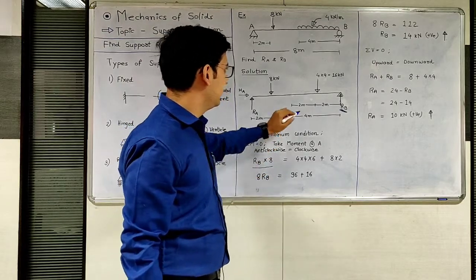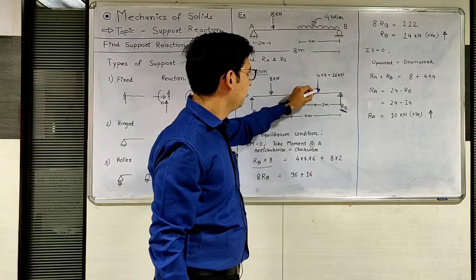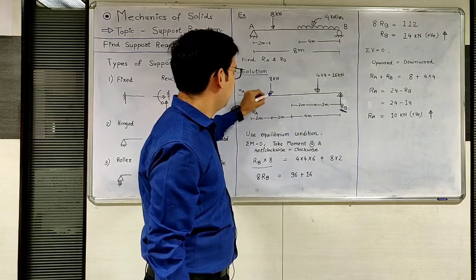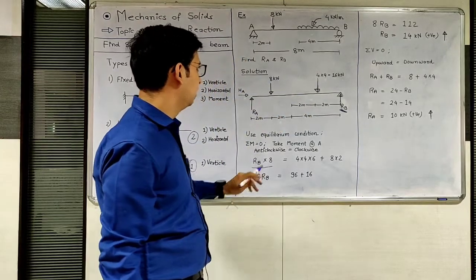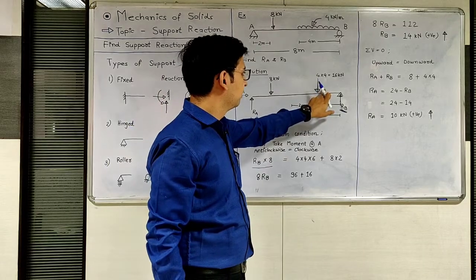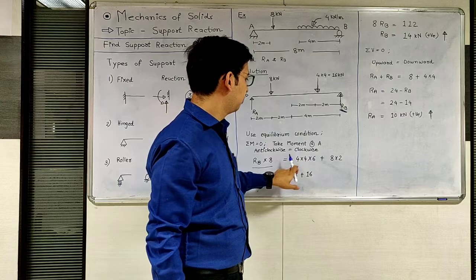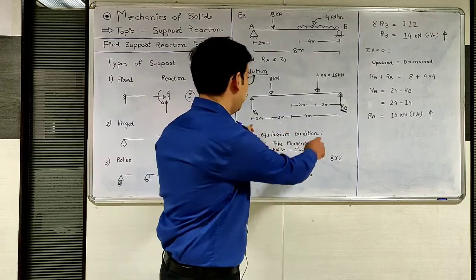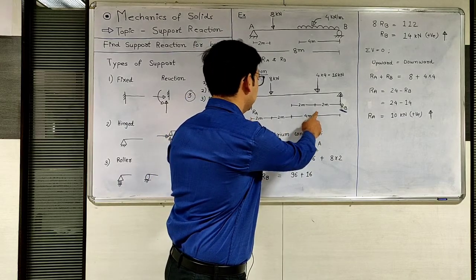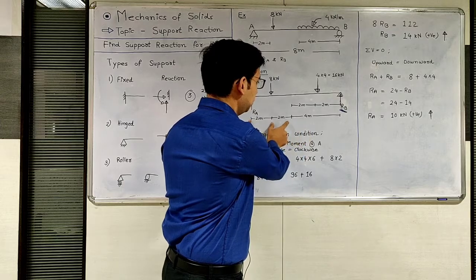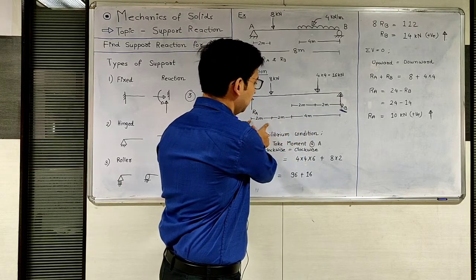Clockwise moment is due to this downward point load about A. First of all, from right hand, which is 4 into 4, 16. So 4 into 4, and perpendicular distance from this point: 2 plus 2, 4 plus 2, 6.